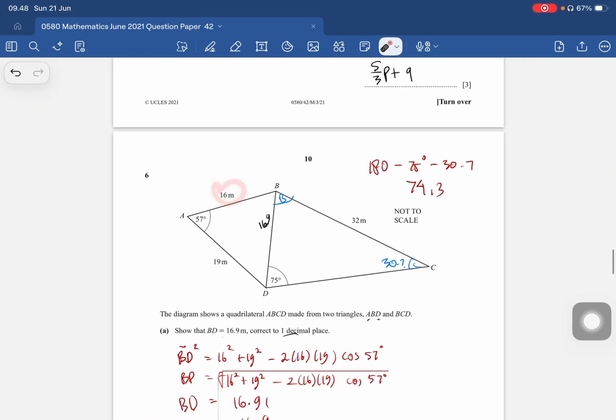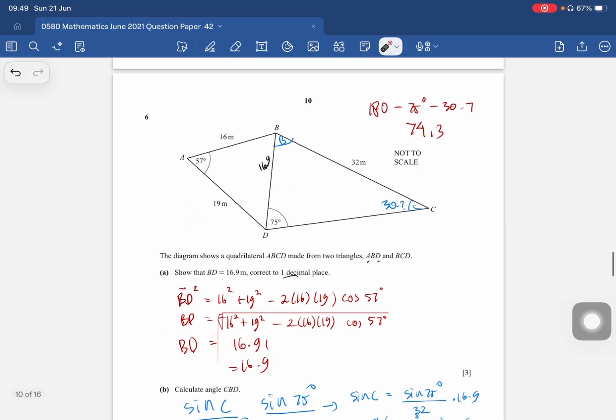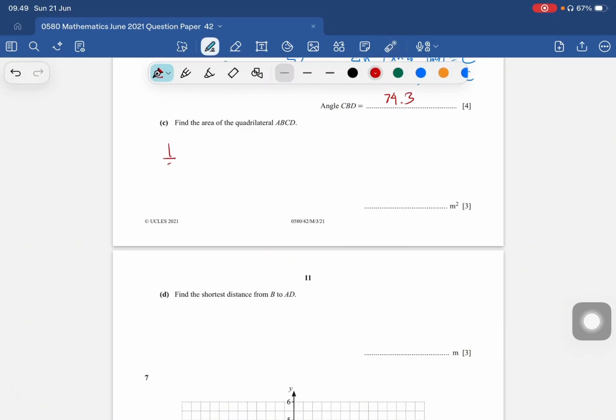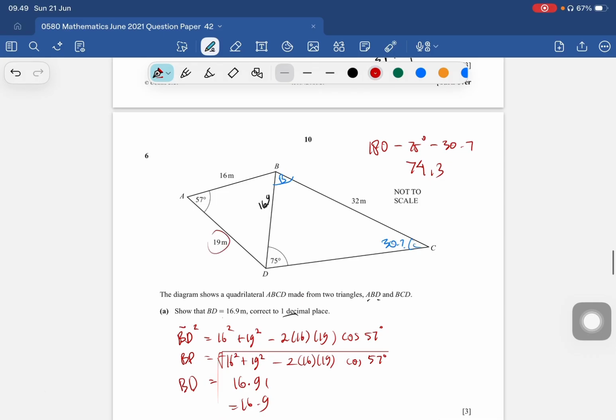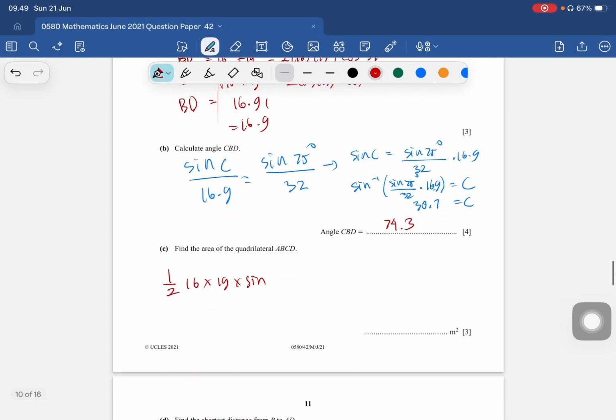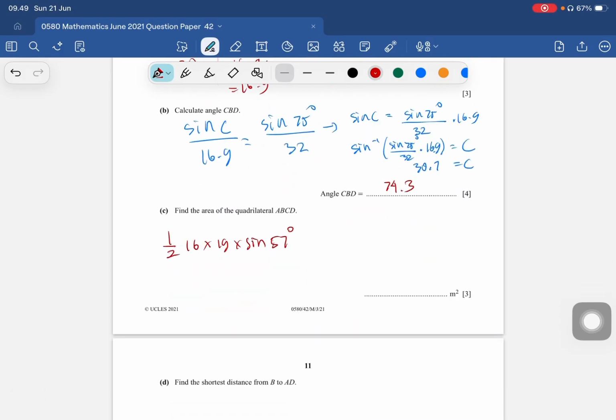First, we can calculate one triangle, and then the other triangle. So this is 1/2 times 16, we multiply it with the height. We can use 19, multiplied with sin of 57 degree.